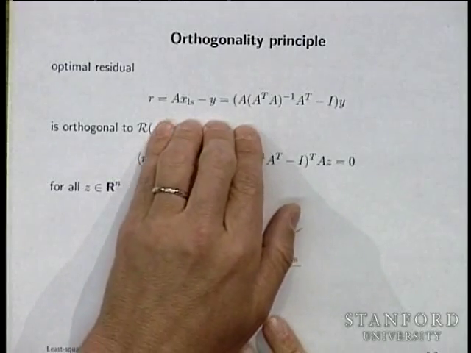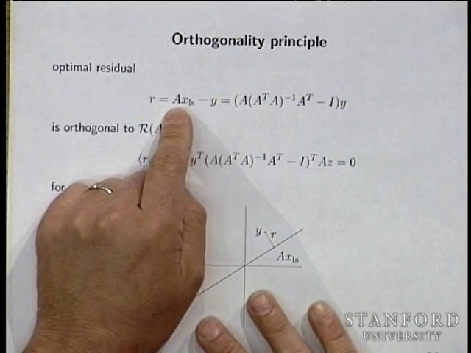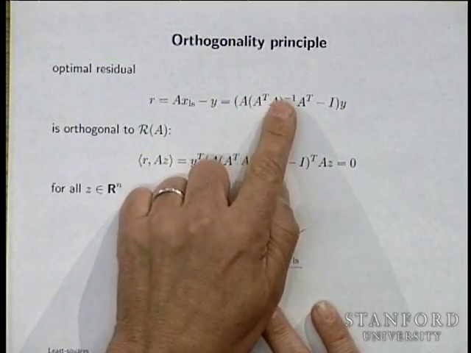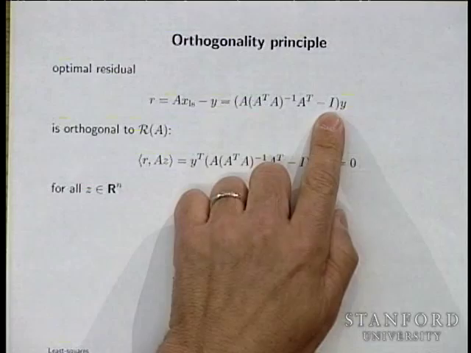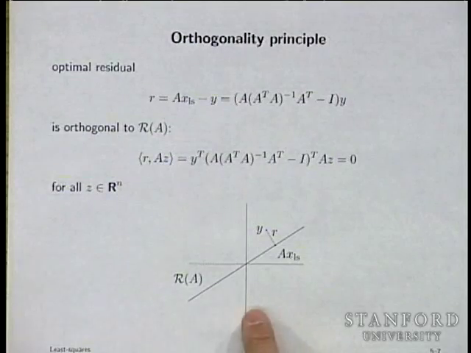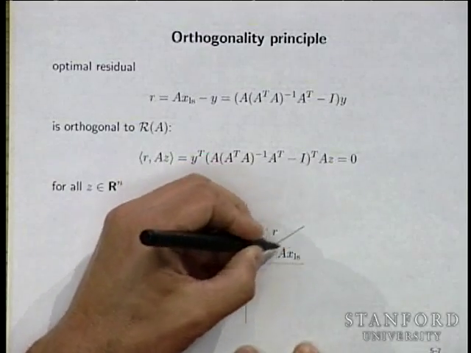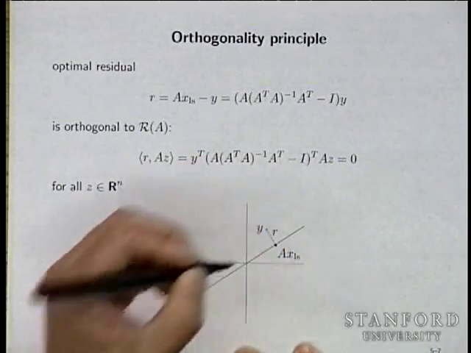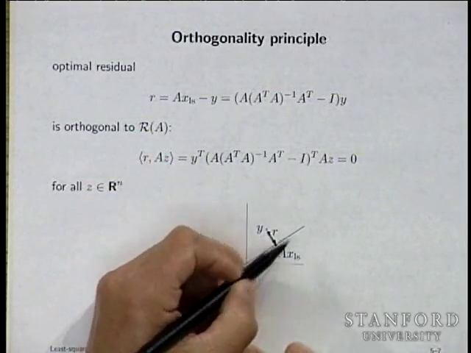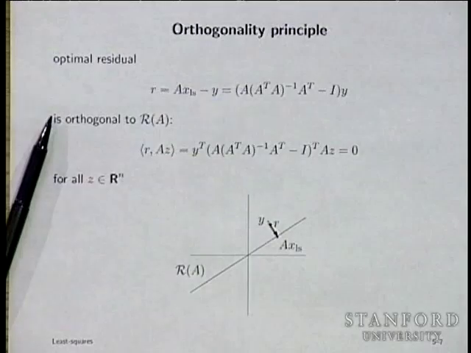So the orthogonality principle says that the optimal residual, that's A x_LS minus y, which is (A(AᵀA)⁻¹Aᵀ − I) times y, is orthogonal to the range of A. And the picture is right here. If this is the range of A, and here's A x_LS, and here's y, the residual is orthogonal to the range. To make this more interesting, imagine R3.